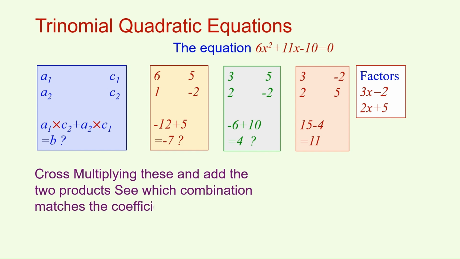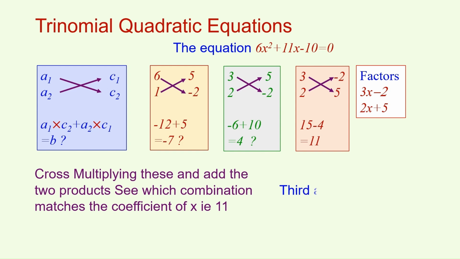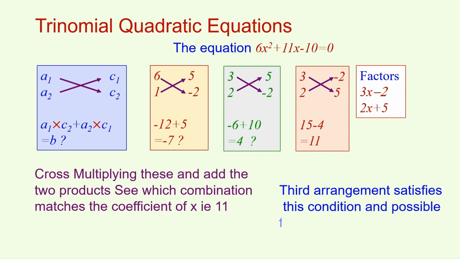Cross-multiplying these, and add the two products. See which combination matches the coefficient of x, that is 11. The third arrangement satisfies this condition, and possible factors are 3x minus 2 and 2x plus 5.